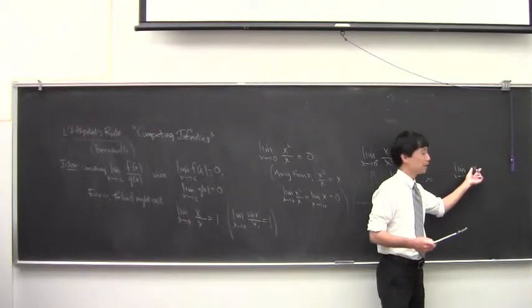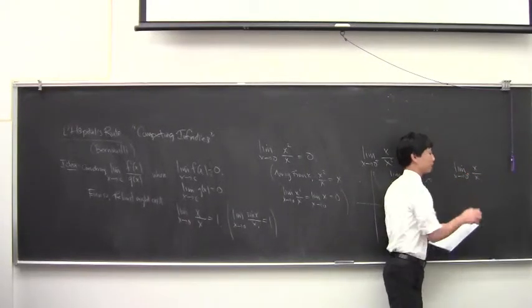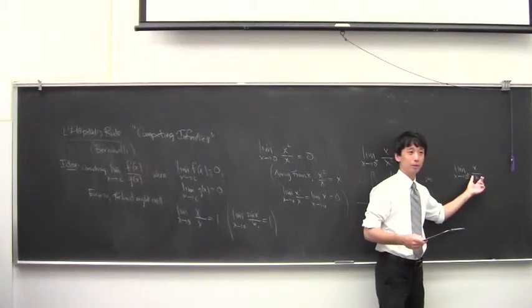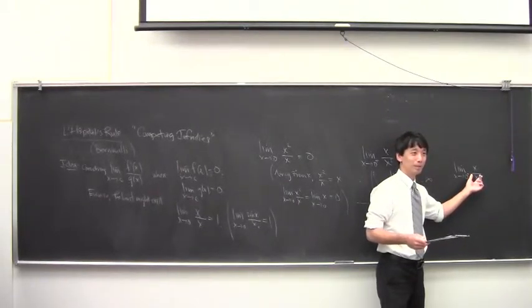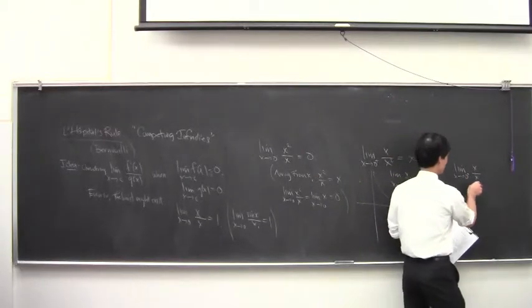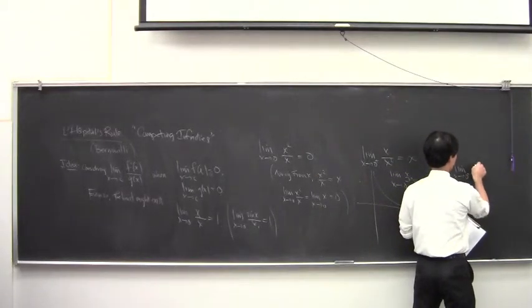So I have something on the top. Suppose I have something positive on the top, and let the bottom go to 0 first. It's not undefined, but suppose I have some number.